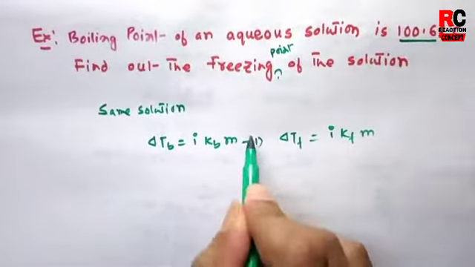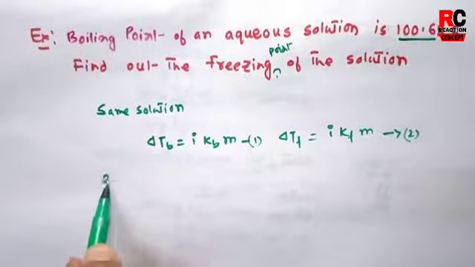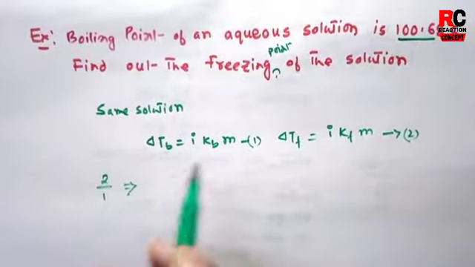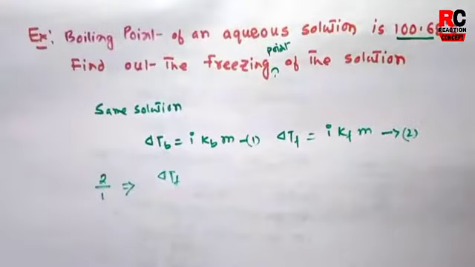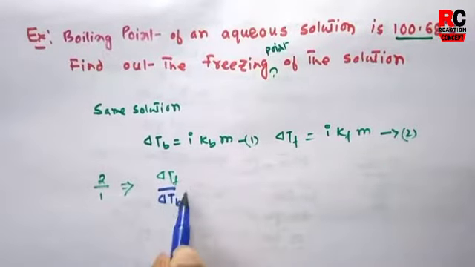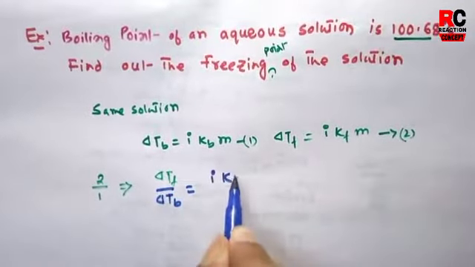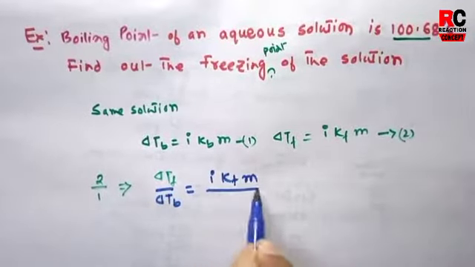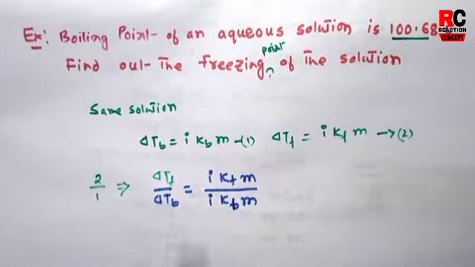If we number them as 1 and 2, then dividing 2 by 1, what will we get? ΔTf divided by ΔTb equals i Kf m divided by i Kb m.